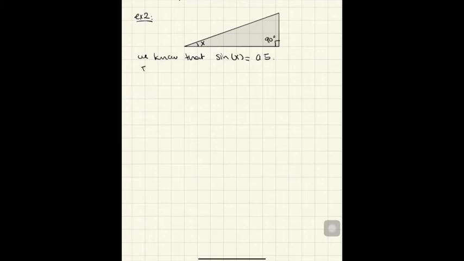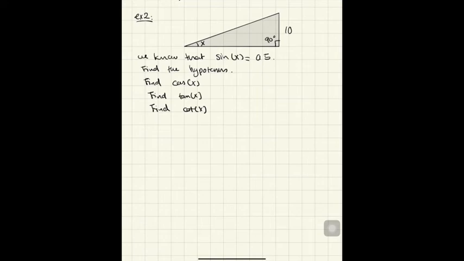Okay, so find the hypotenuse, find cosine of x, find tan of x, and then find cotan of x. All right, another given in this function is that, for example, here we've got 10 centimeters, or even 10 with no units, just 10.